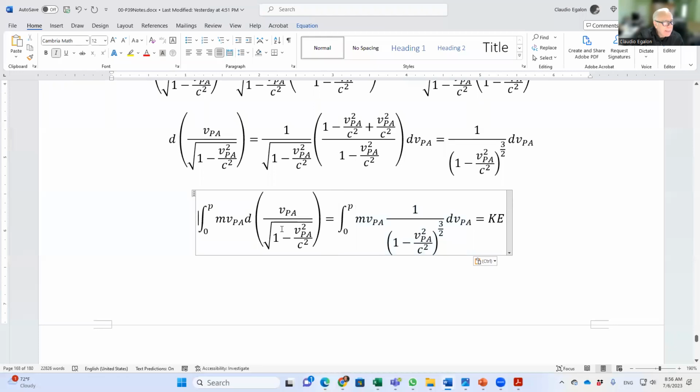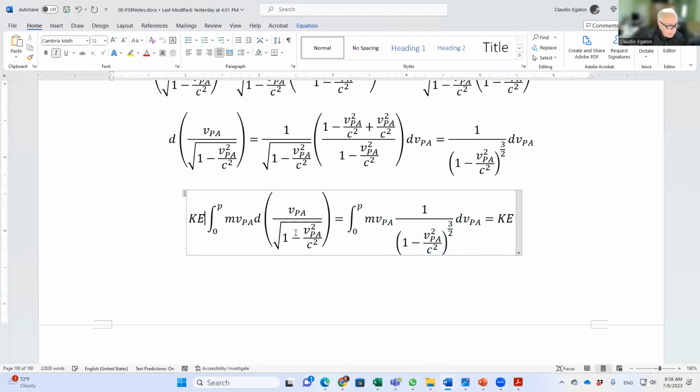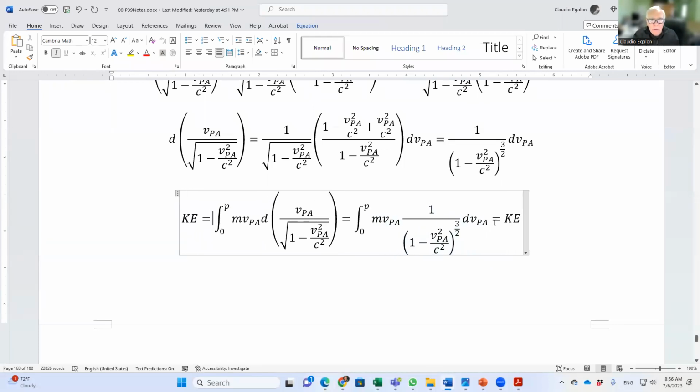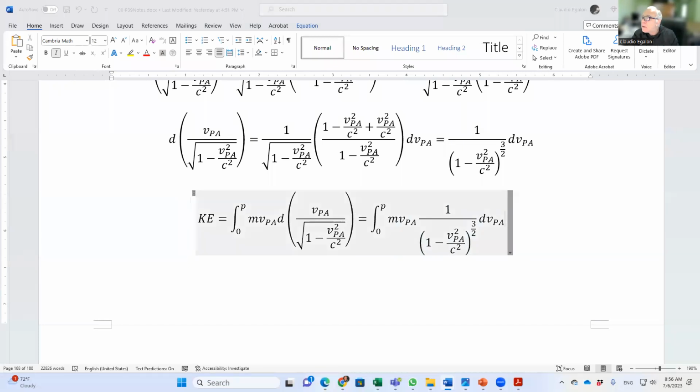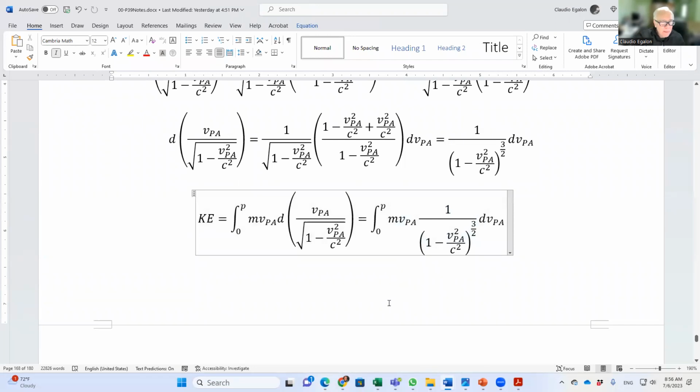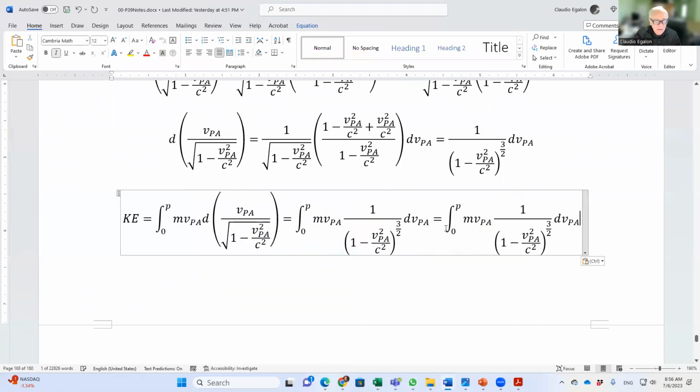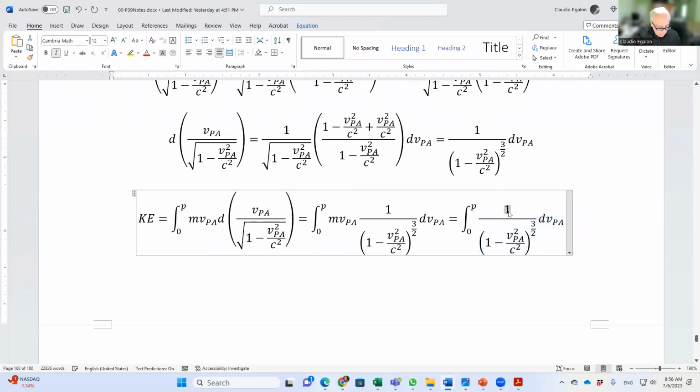I'm gonna put my kinetic energy here on this side. Okay. I'm gonna simplify this guy, but I can take out my mass.